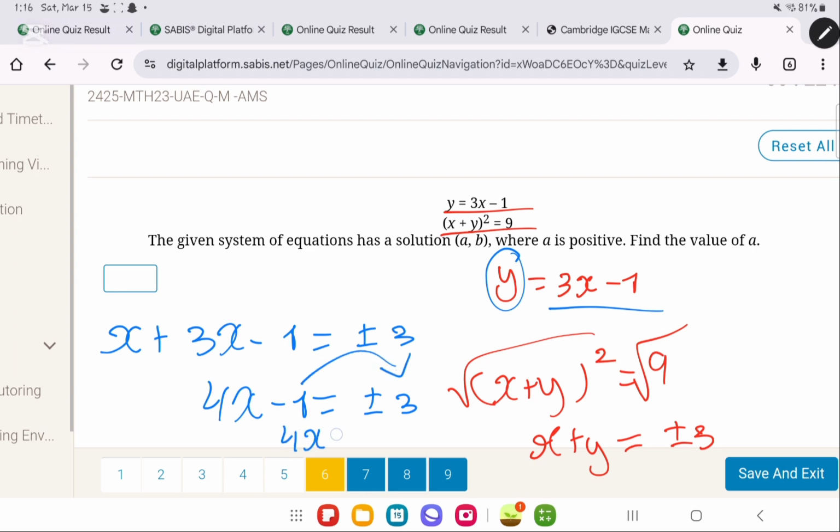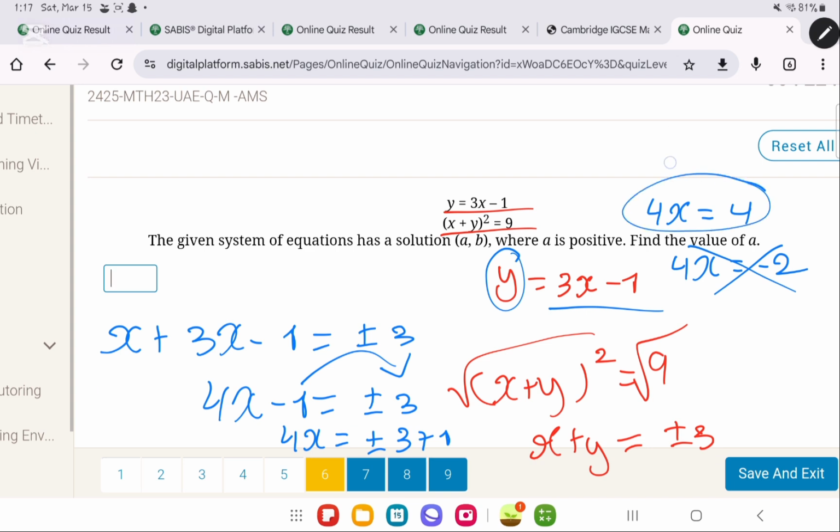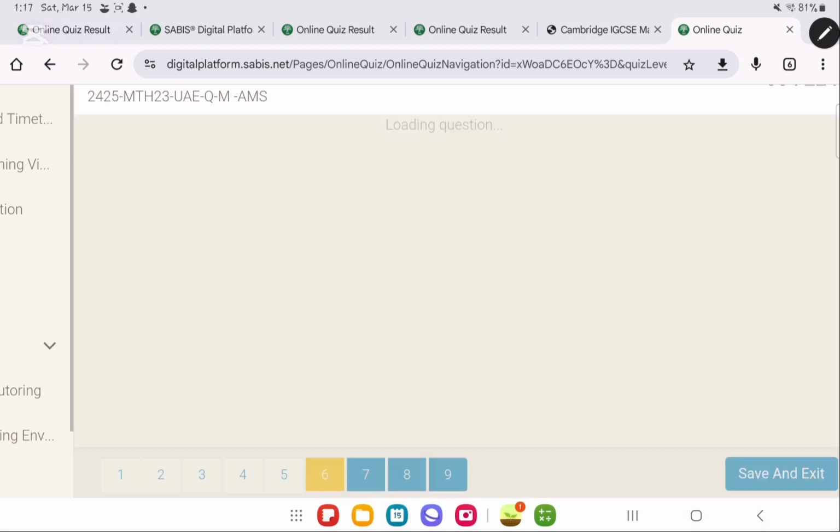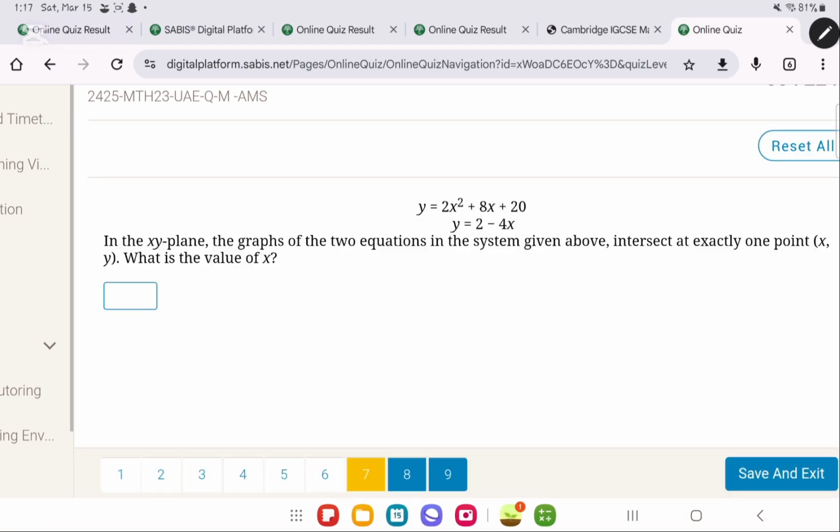You get 4x is equal to plus or minus 3 plus 1. So you get 4x is either equal to 4 or 4x is equal to minus 2. It could be one of these two options. Definitely you're going to choose the positive option, so forget about this. You're going to get 4x is equal to 4, so x is equal to 1. Very simply. We move on to question number 7.